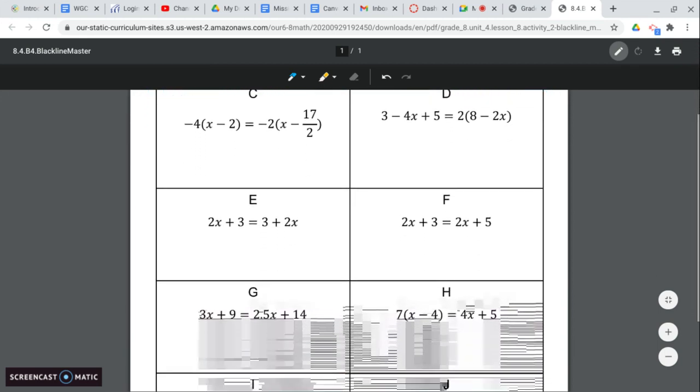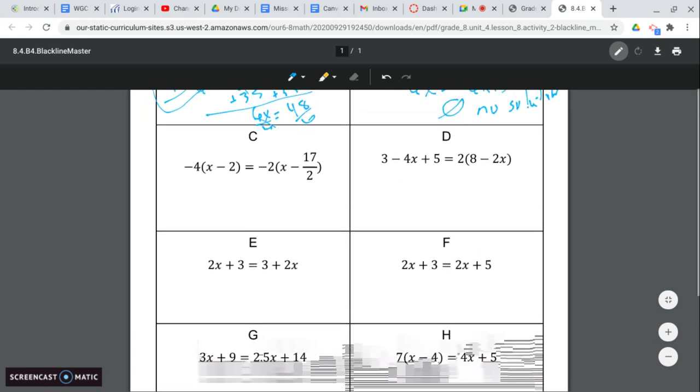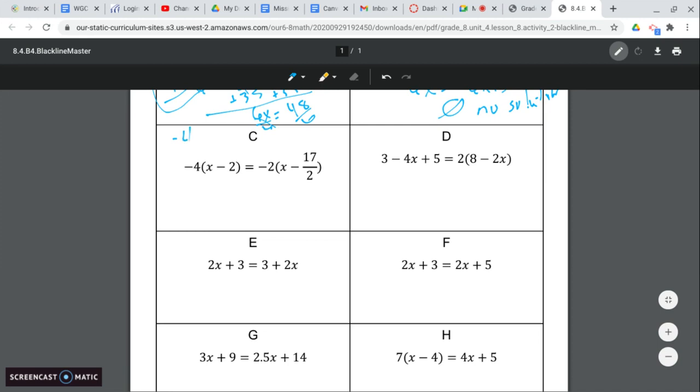All right, for C, we're going to distribute on both sides of this. So we'll have negative 4x plus 8, and then take negative 2 and distribute it. So negative 2x plus 17. Now we want to combine or solve. So add the 2x over, add the 2x over.